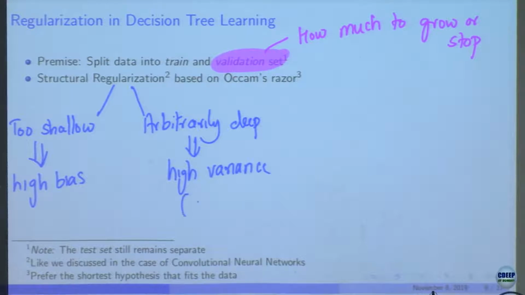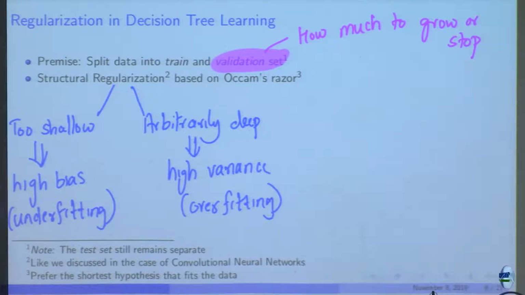This is really overfitting. Like too shallow is a case of underfitting, where you're saying, even training data is not satisfied with me, what to speak of test. But overfitting means I have satisfied the training data, but on test I may have too much variance.